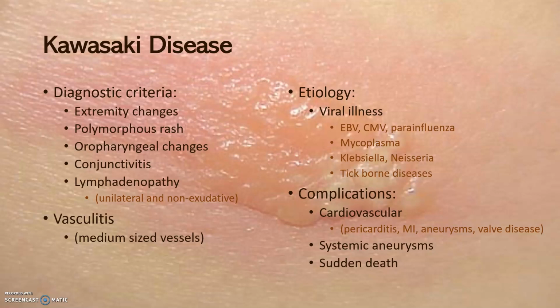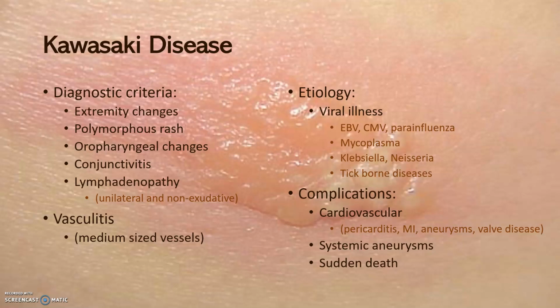There are oropharyngeal changes, the cracked lips, the red strawberry tongue, the pharyngitis. Then there's a non-exudative bilateral conjunctivitis and unilateral non-exudative lymphadenopathy. You need to have 3 out of 5 of these to be diagnosed with Kawasaki.